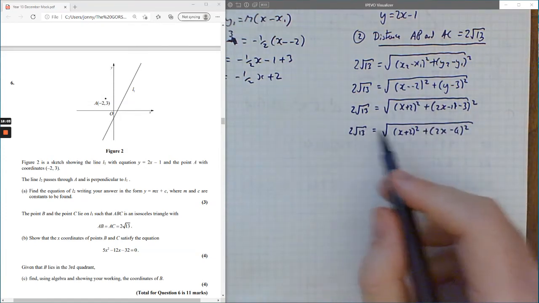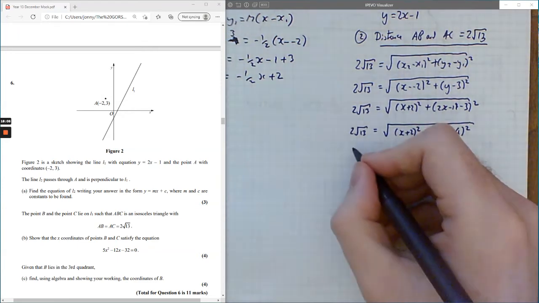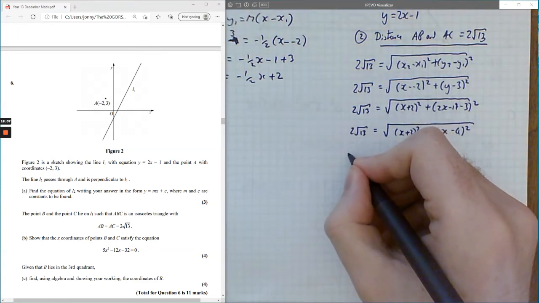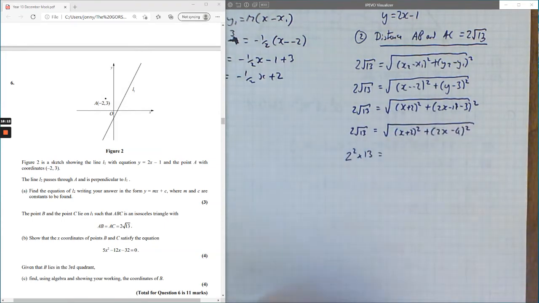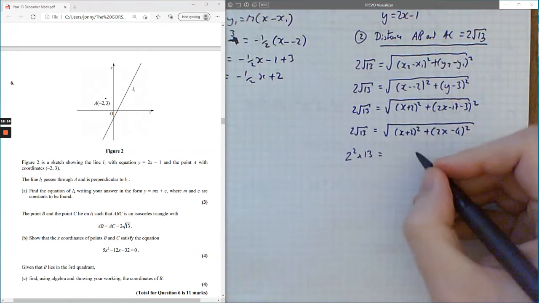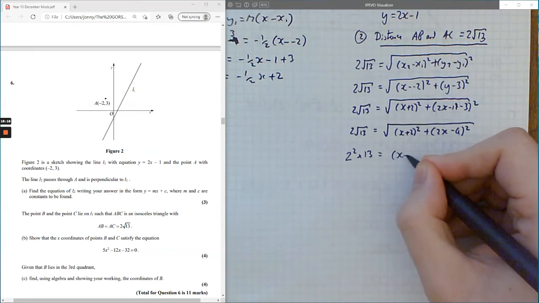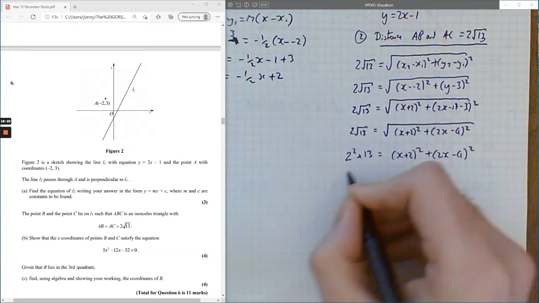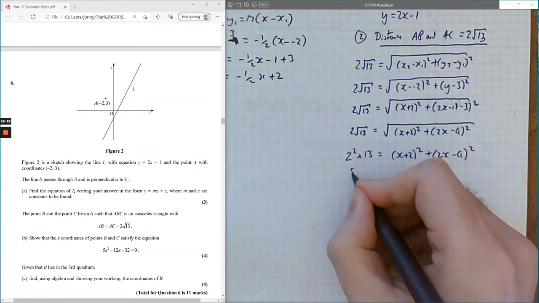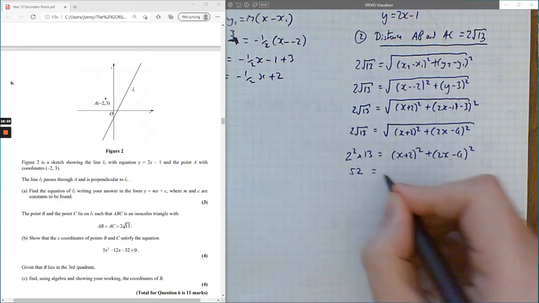So we'll square both sides to cancel the square root. The left-hand side will have 2 squared times 13, because you square both bits individually. And on the right-hand side, that leaves us with x plus 2 squared plus 2x minus 4 squared. Okay, so then 52, 4 times 13.